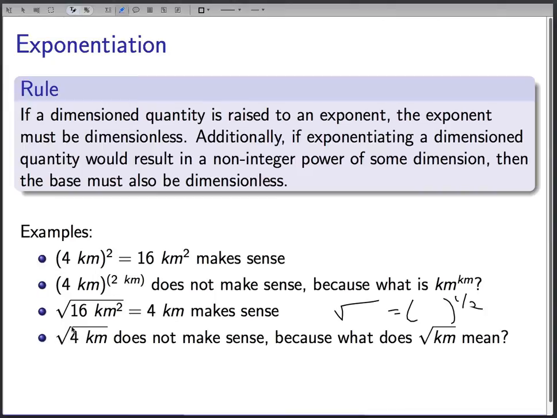If you take the square root of 4 kilometers, you're not allowed to do that, because the quantity you would end up with is 2 kilometers to the 1/2 power. Kilometers to the 1/2 power is a non-integer power of some dimension, right? This is dimensions length to the 1/2. That doesn't make any sense. What are square roots of a kilometer? So this is the rule.